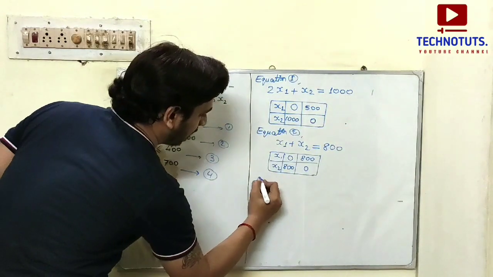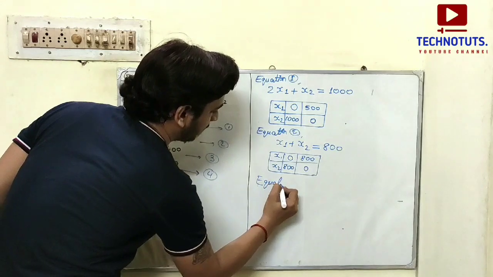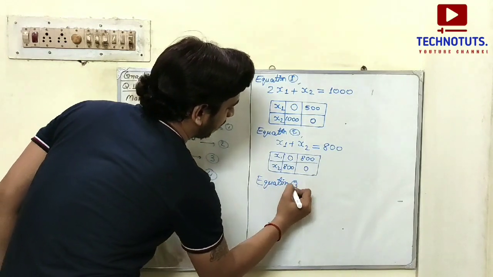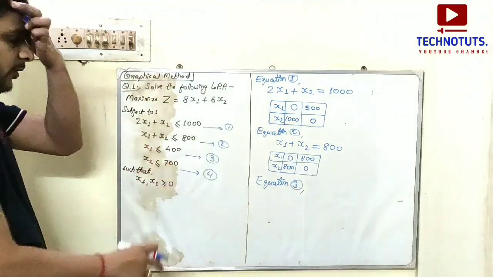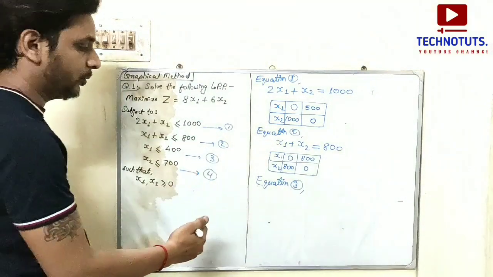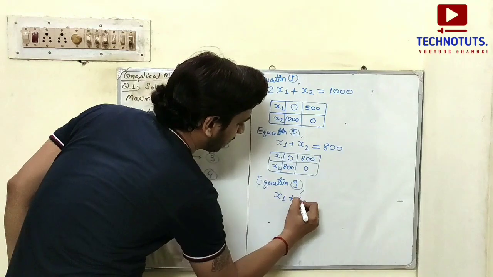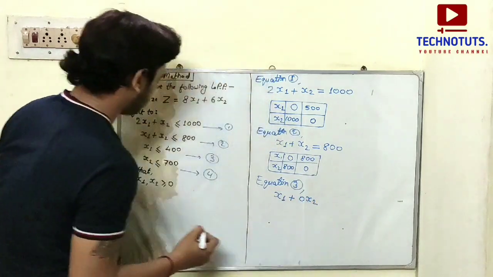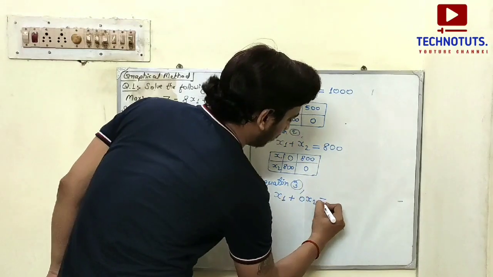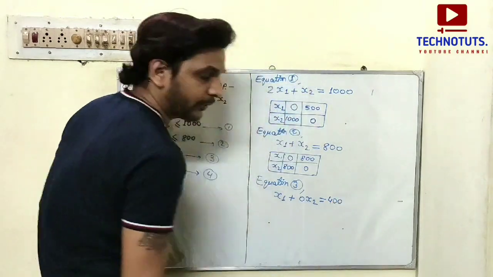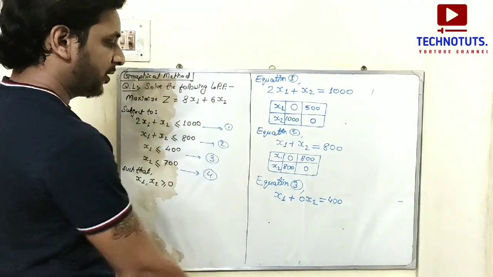Now let us find coordinates for equation number 3. What is equation number 3? x1 ≤ 400. It is not given x2, so it becomes x1 + 0x2 = 400. This is the actual equation where the coefficient of x2 is 0.